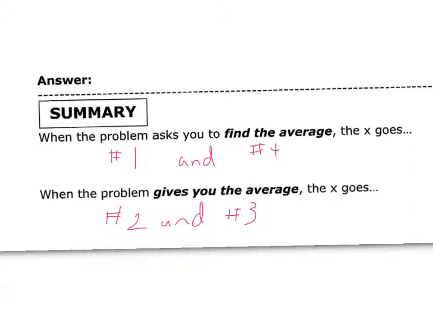When the problem asks you to find the average, it's going to be on the right side of the equal sign. Okay, and it's talking about the variable.